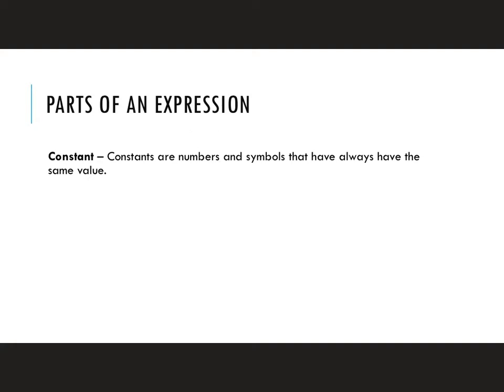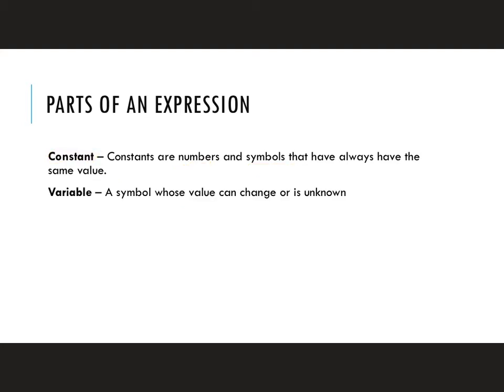So we have various different parts of expressions. A constant. Constants are numbers and symbols that always have the same value. For example, 2 is a constant. Pi is a constant. We have a number. We have a symbol. But they always have the same value. It doesn't change. That's what a constant is.